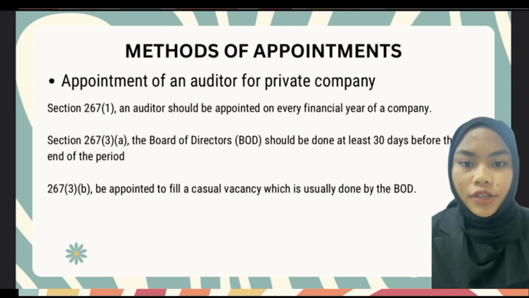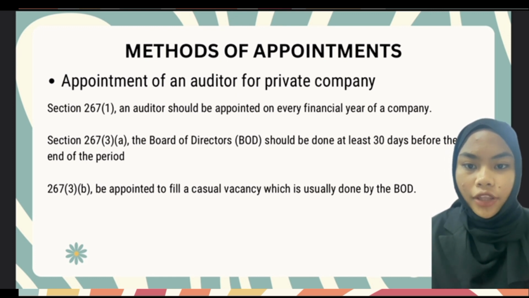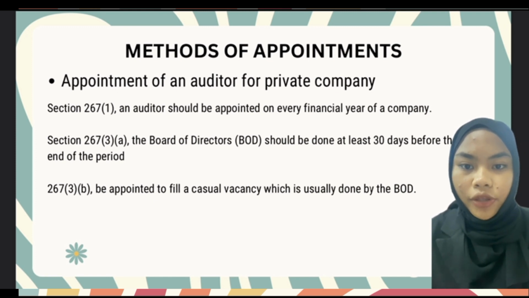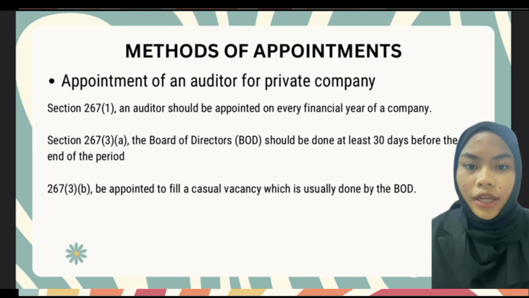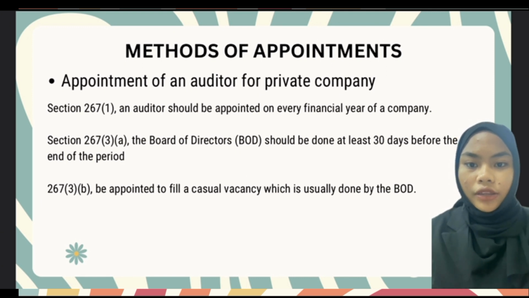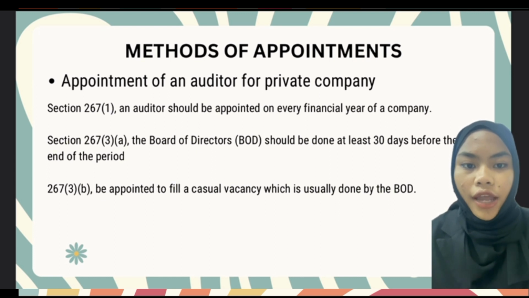Next is methods of appointing auditors for a private company. According to Section 267, subsection 1, an auditor should be appointed every financial year of a company. Next, according to Section 267, subsection 3, for newly incorporated companies, the appointment by the board of directors should be done at least 30 days before the end of the period for the submission of the first financial statement to the registrar.